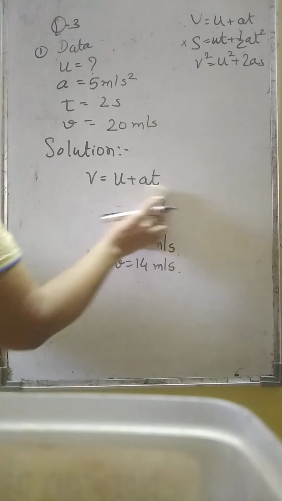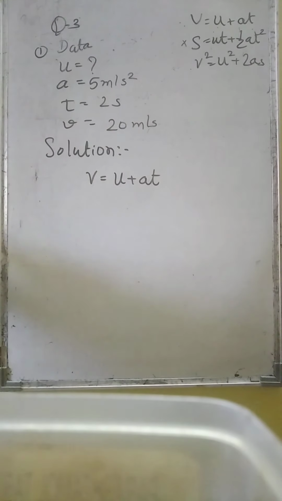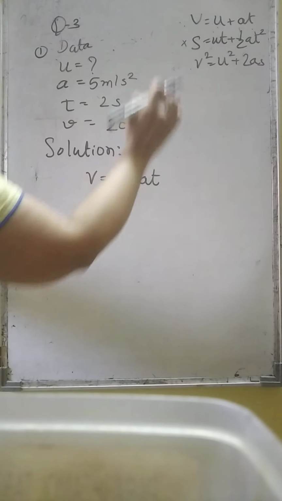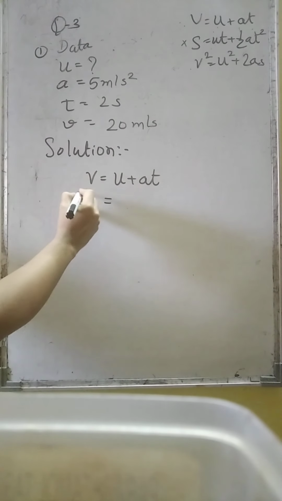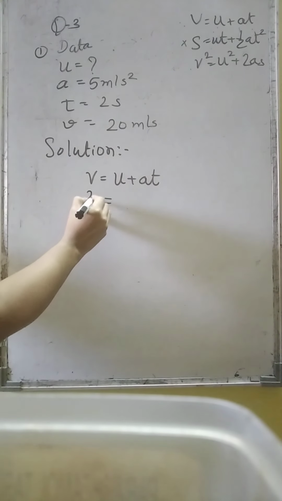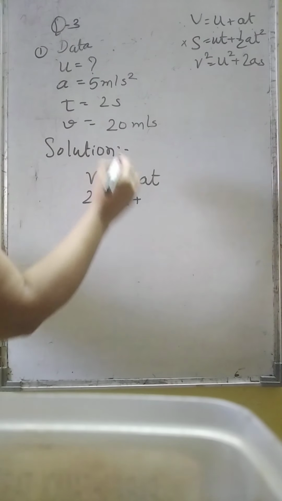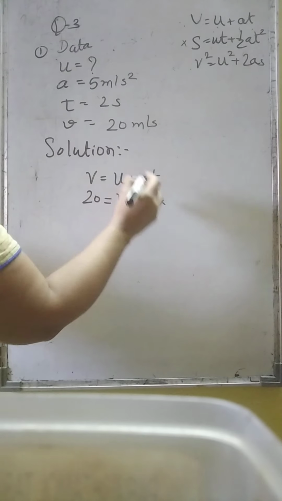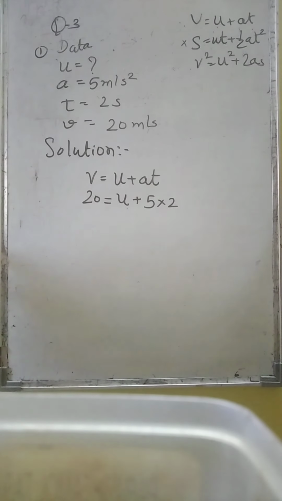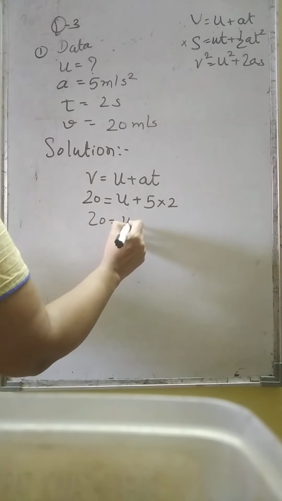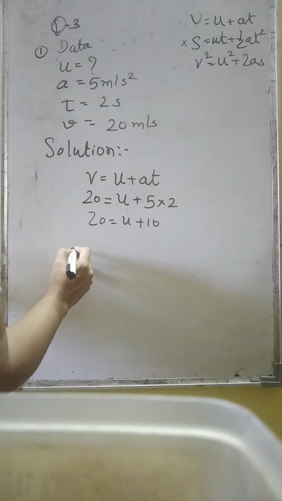So again I have to decide, and I will see that V, A, T and U contains this formula, so I will use this only. Substitute the values. 20, U is I don't know, so I will write as it is. A I will write as 5 and T I will write as 2. So 20 is equal to U plus 10.